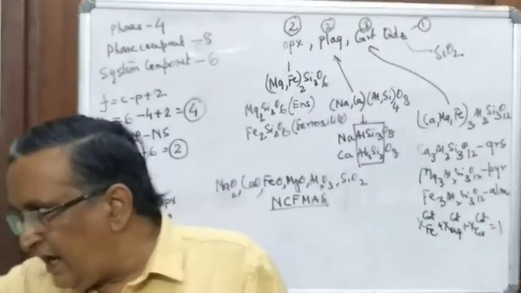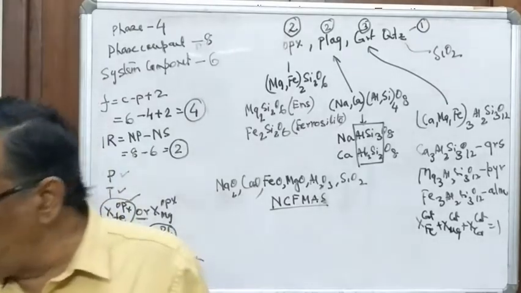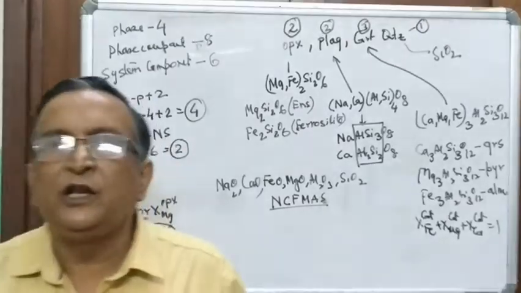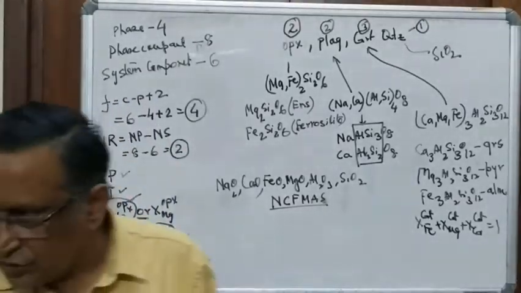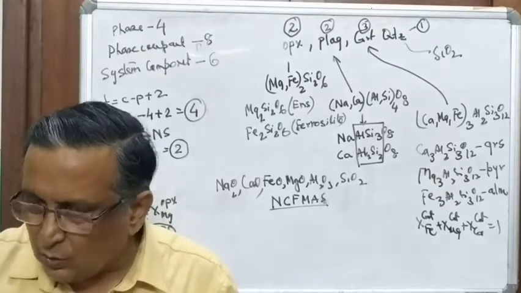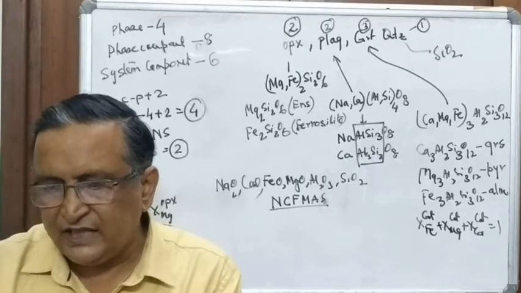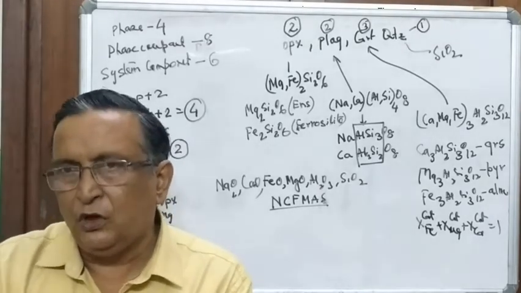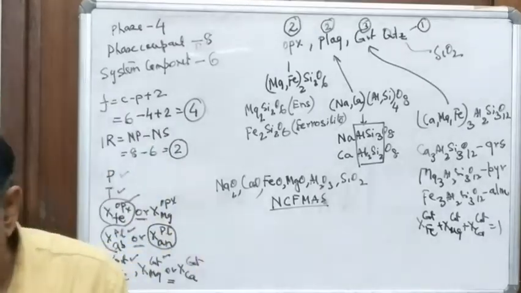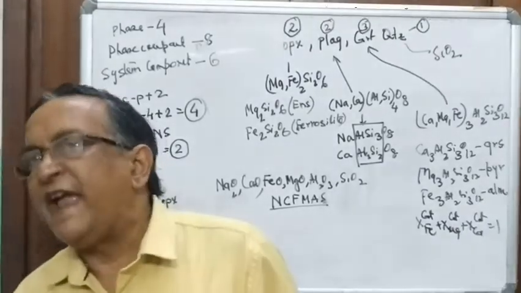And there is an analyzer which moves on a curve called a Roland circle. At a particular wavelength, the sodium wavelength, the iron wavelength, the magnesium wavelength, they have a particular angle. These are called takeoff angles.